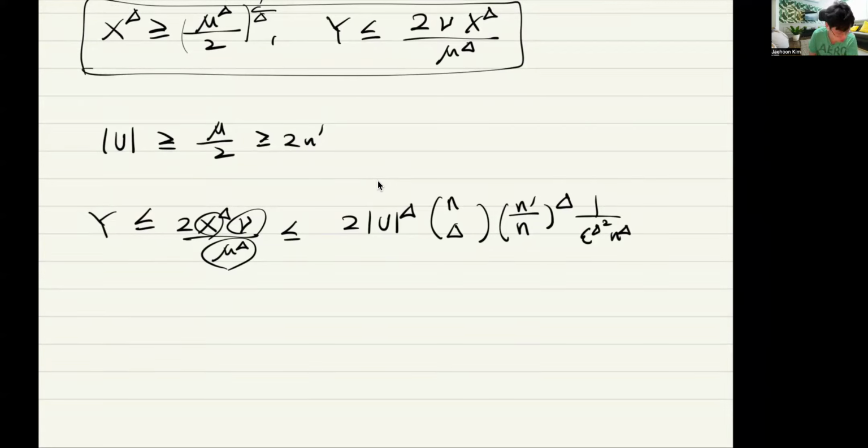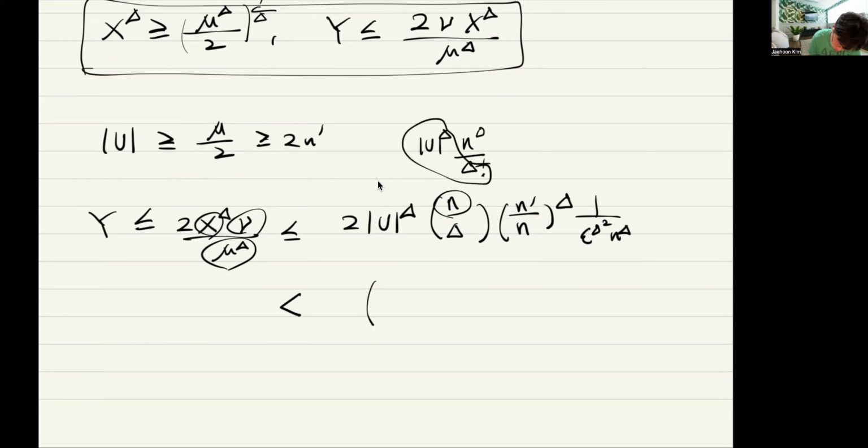Okay. So this one is what? This is upper bounded by n to the delta over delta factorial and U to the delta.